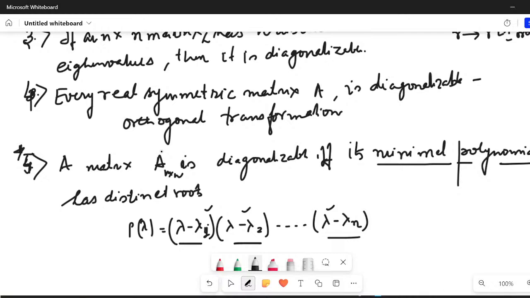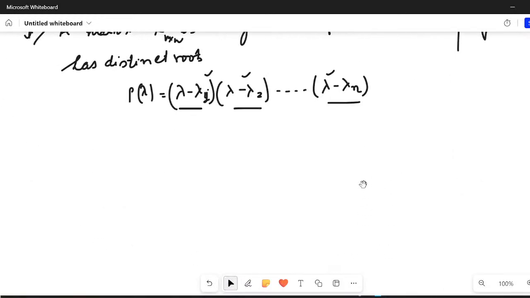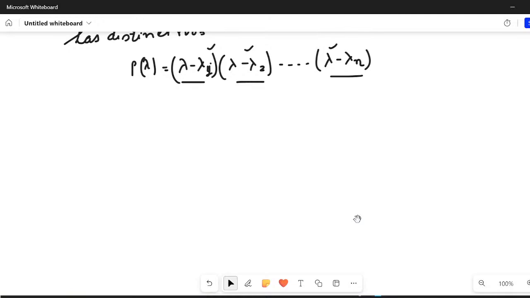Okay, so let us move a little bit further. Now let us try to test our results on a few questions, and then we'll do a few random questions as well. The question is whether this matrix is diagonalizable. Now just don't diagonalize it, just think about diagonalizability.